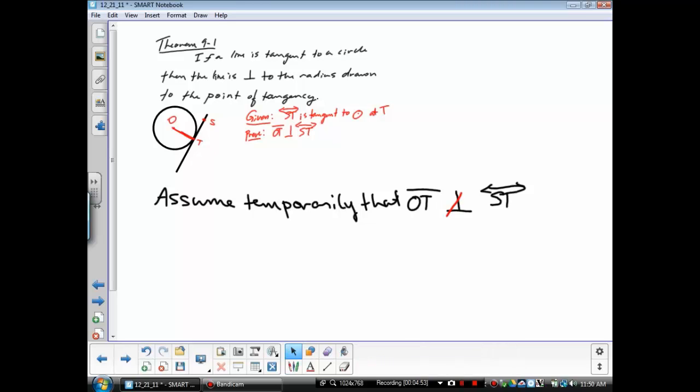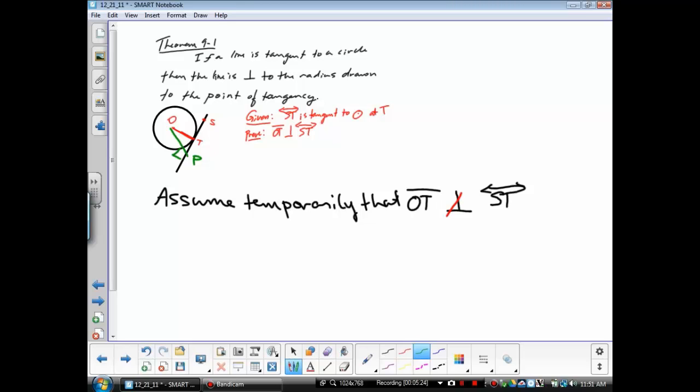Now, if OT is not perpendicular to ST, then there must be a line that is perpendicular to ST. So let's say then that there is a line OP. OP is perpendicular to ST. Now if you think that looks funny, it's because it's impossible, right? So we're going to assume that for the argument's sake.